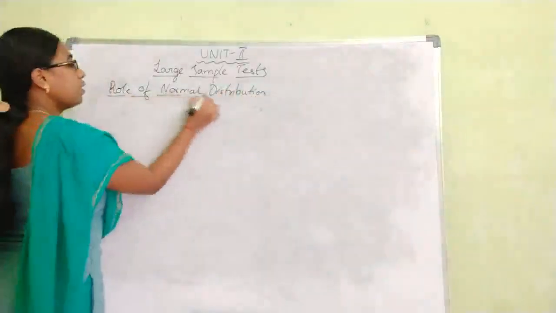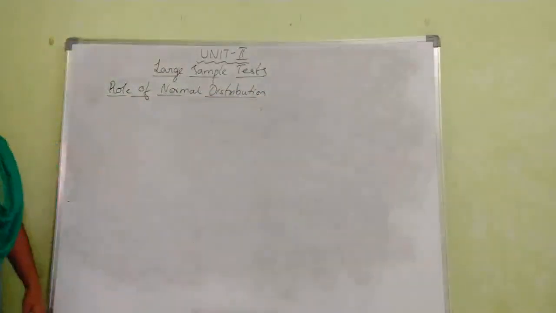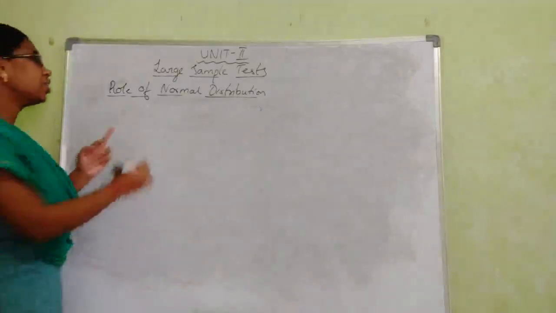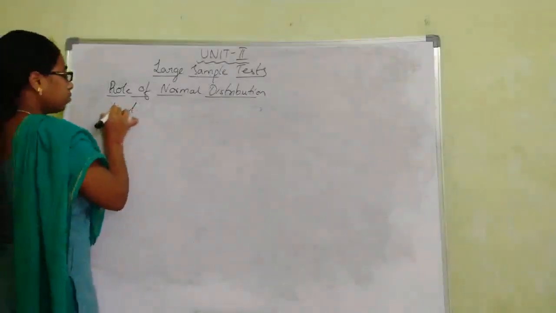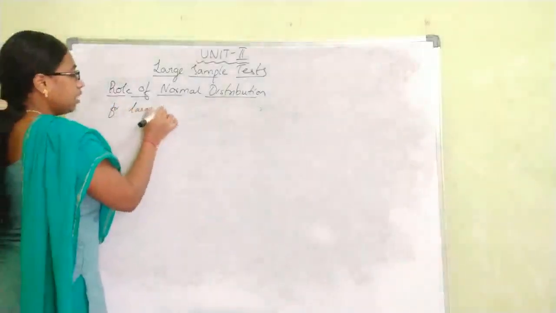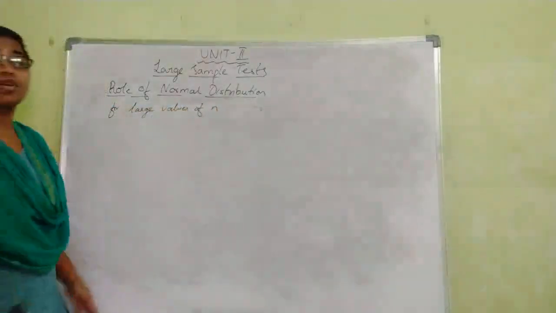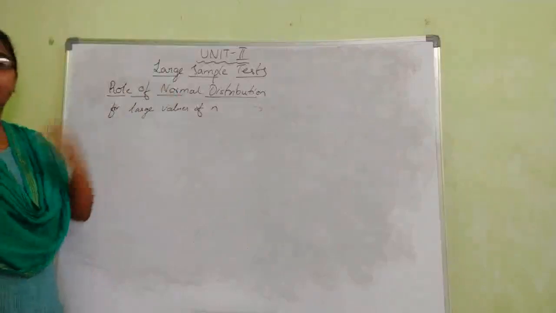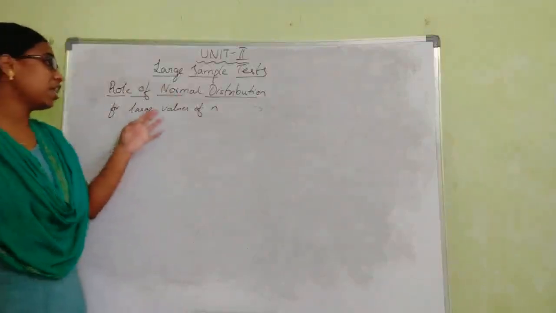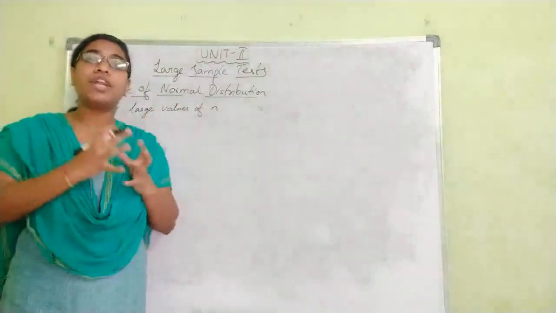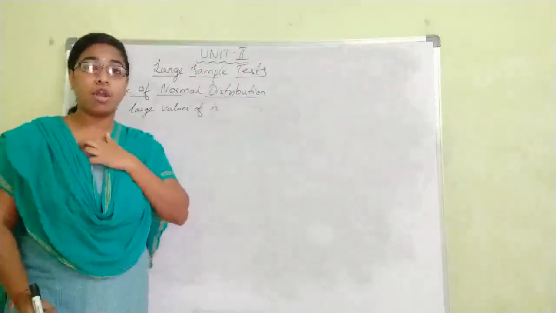So why we use this normal distribution for the large samples? We have already studied in the previous classes that for large values of n, so large values of n means it is a large sample. Generally for the large values of n, we have seen in the second sum also that different distributions tend to the normal distribution.